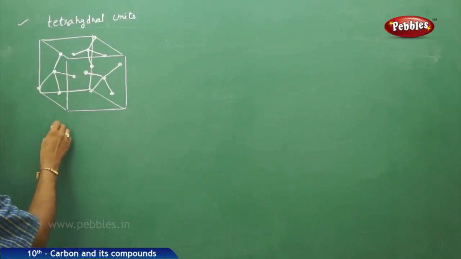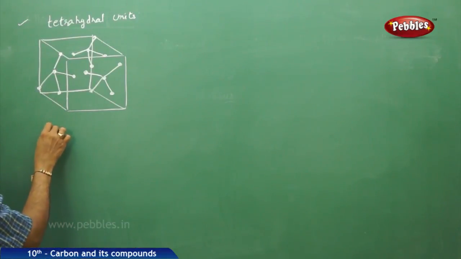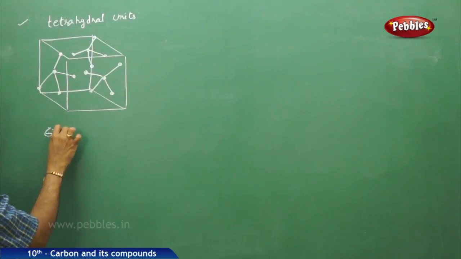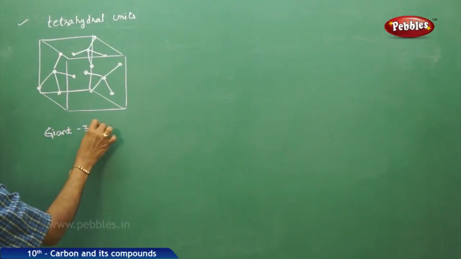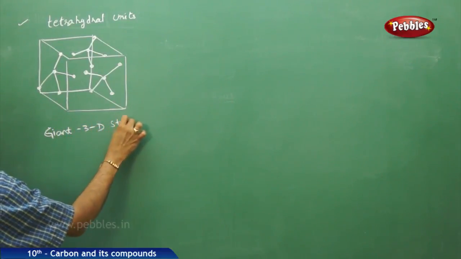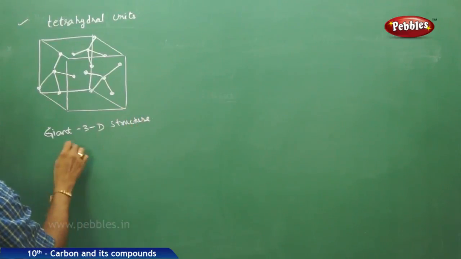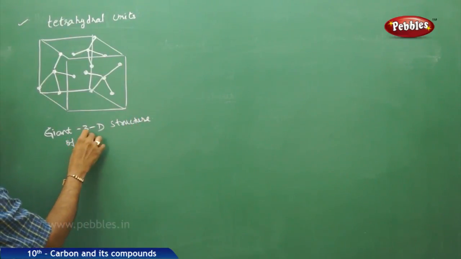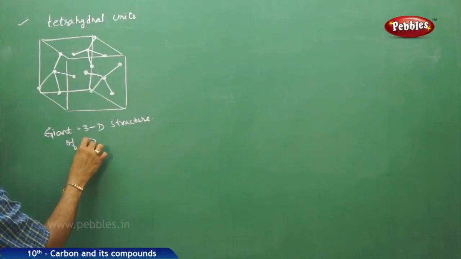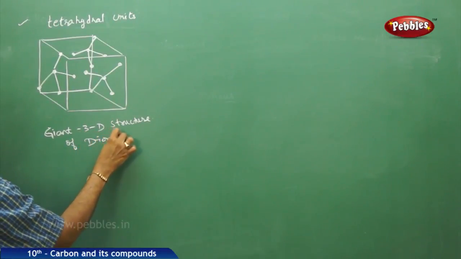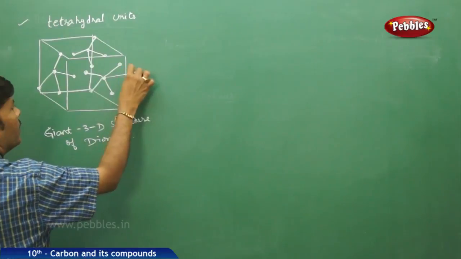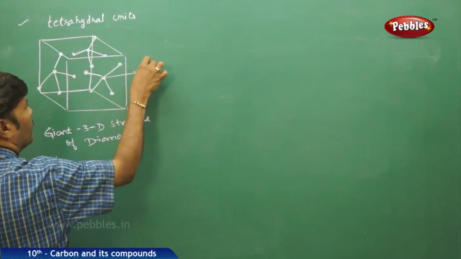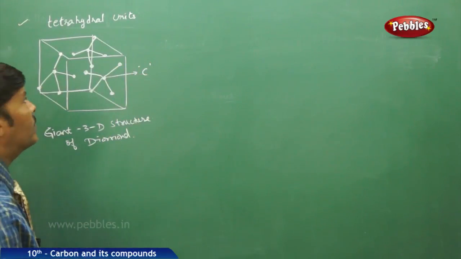So this is the giant three-dimensional structure of diamond, and each dot represents a carbon.